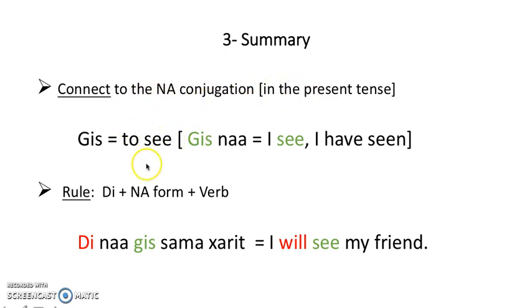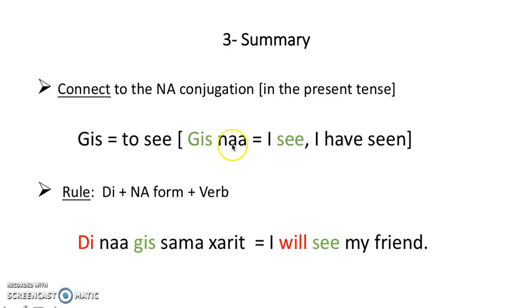Again, in the na conjugation example, when I say gis na, gis is the example of the verb to see. In the na form, because this na refers to I, I say gis na, I see. As you can see here, the structure of the na form in the present is that you use the verb followed by the subject. Verb and subject.